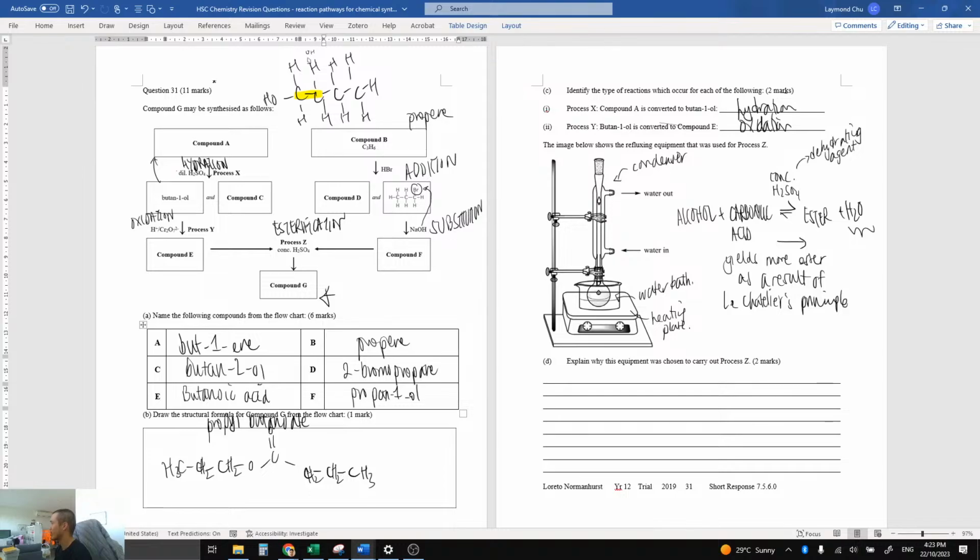Okay, let's talk about top to bottom. Condenser. This condenser we typically call reflux. So we heat this reaction, so the heat comes into this reaction to speed up the reaction. All right, but our alcohol, our carboxylic acid, our esters, they're volatile, right? They've got low boiling points because they're hydrocarbons.